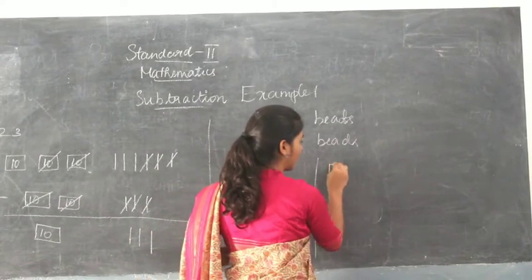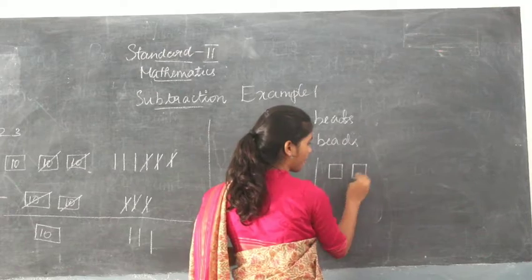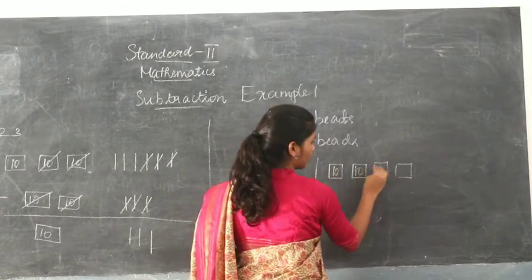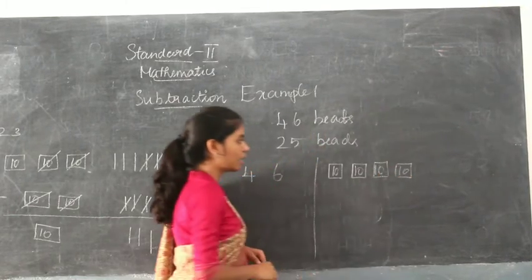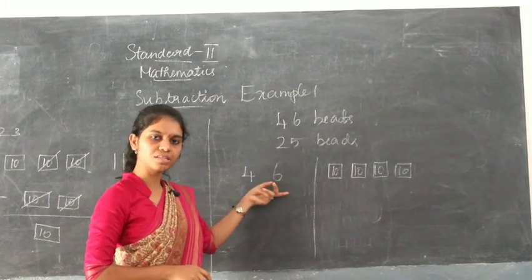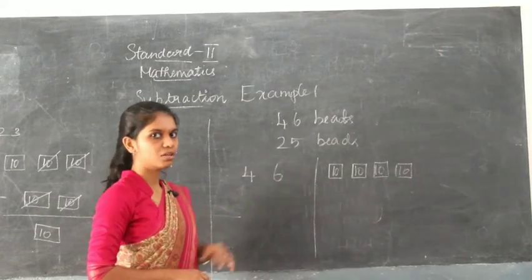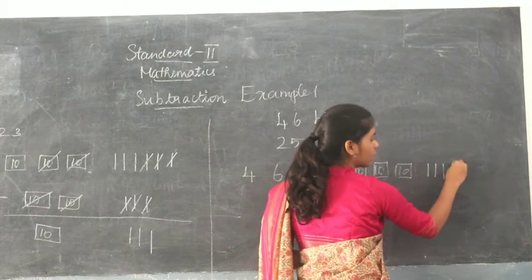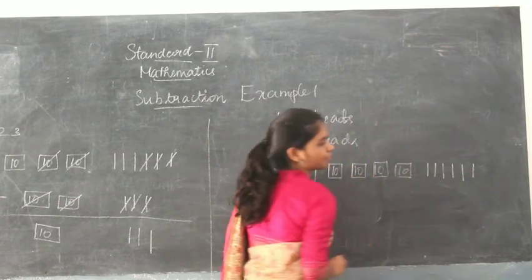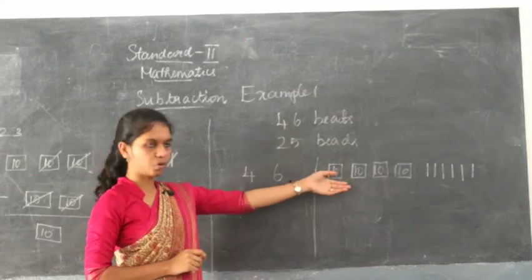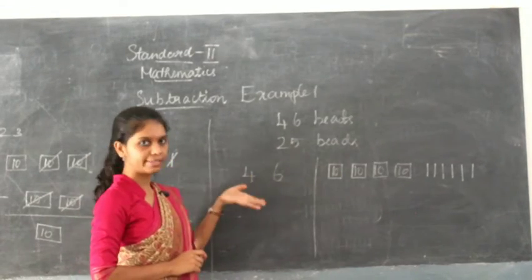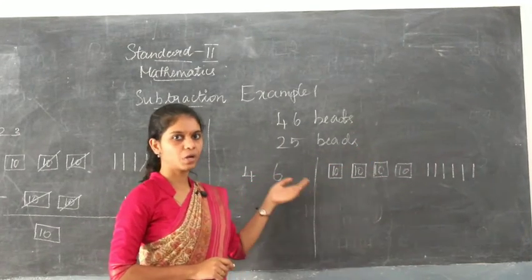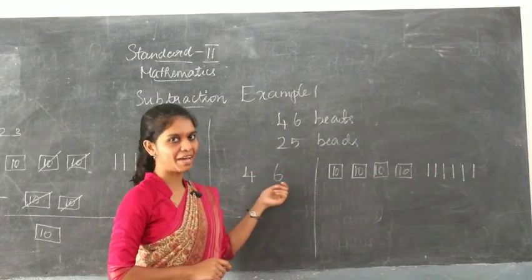You will write 1, 2, 3, 4. Now in the units place, how many ones are there? 6, right? So you will write 6 ones: 1, 2, 3, 4, 5, 6. So you wrote 4 tens because 4 is in the tens place, and then you wrote 6 ones because in the units place you have 6.